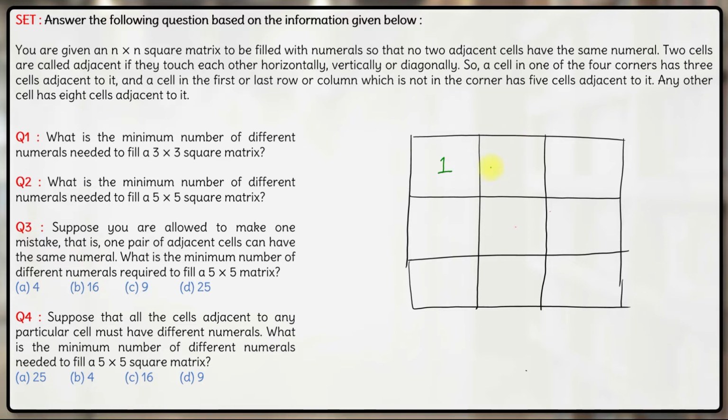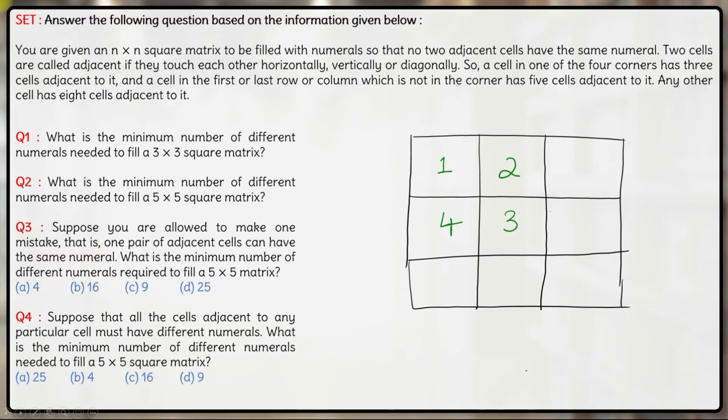We cannot repeat numeral 1, so we put in a new number, let's say 2. This next cell is adjacent to 2 and 1, so we cannot fill in 1 or 2. We need a third number, let's say 3. This cell is adjacent to 1, 3 and 2, so here we'll need a new number, let's say 4.